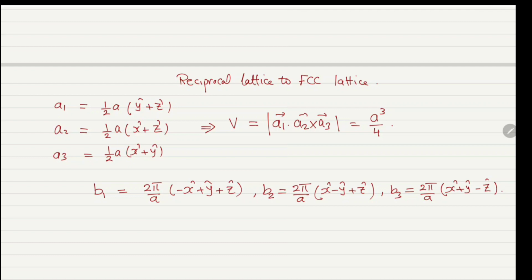And from the definition of B1, B2, B3, we can tell that these vectors are similar to the BCC structure. So the reciprocal of the FCC structure is actually the BCC structure.